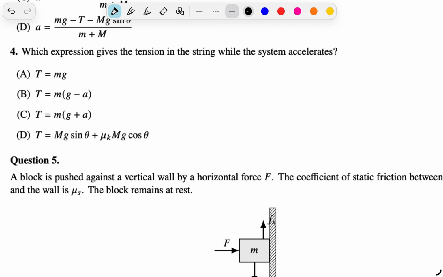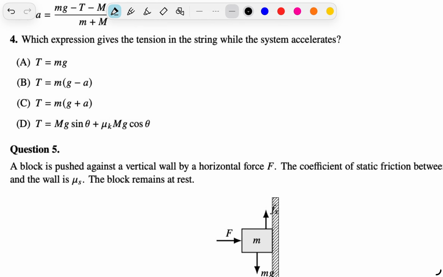Now, which expression gives the tension in the string while the system accelerates? Well, when we have our acceleration, it's because we have that block M, and then we have an acceleration downward for our hanging mass. So let's make mg downward and let's make our tension force upward.